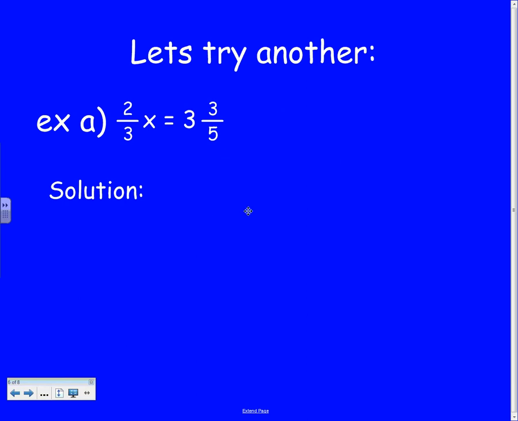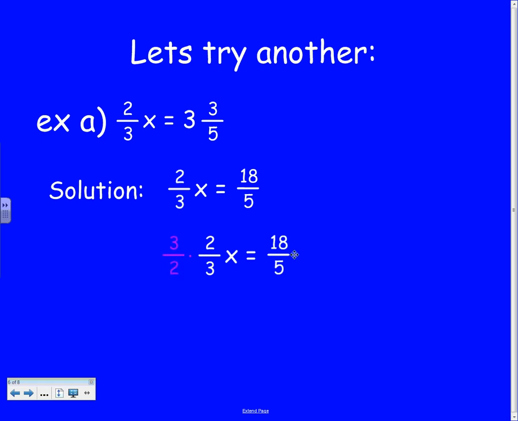Okay, so pause the video, try this one, then check your solution with mine. All right, I hope you paused the video. Here I go. So, I rewrote the equation, except I changed the one on the right side to be 18/5. Right, so write it as an improper fraction. Then, I bring that down, and I'm going to multiply by what?